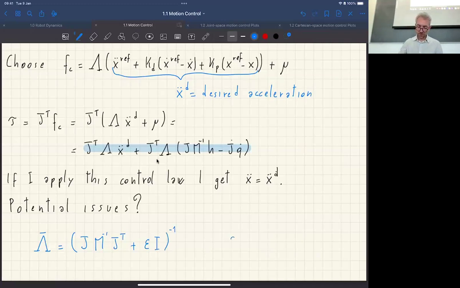So with epsilon a small and positive value, typically you would set it to something like 10 to the minus 5 or 10 to the minus 4, like a small positive value. That is enough to ensure that that matrix is invertible. Doesn't mean it's going to behave well when you reach singularity, but at least it's not going to crash the software. Maybe the robot is going to crash, but not the software.